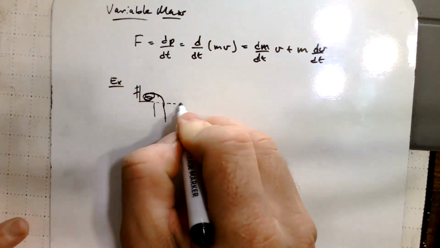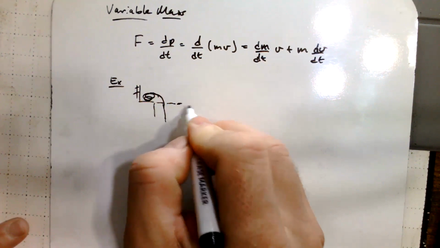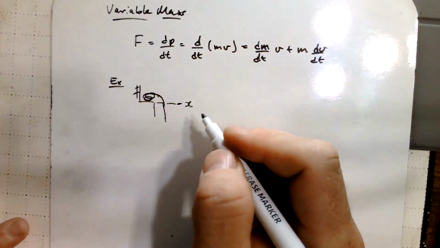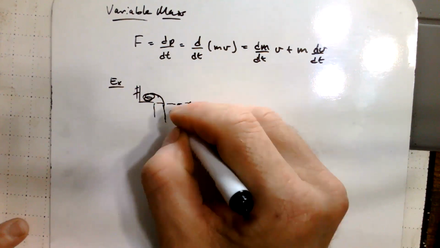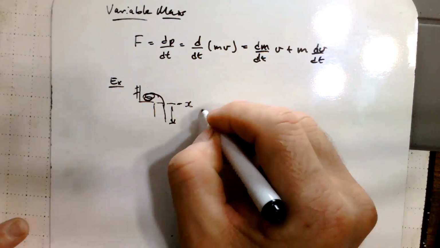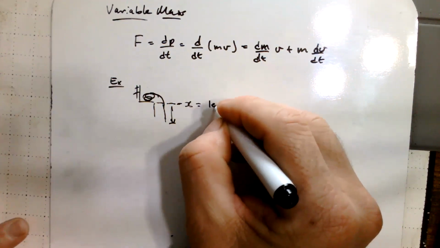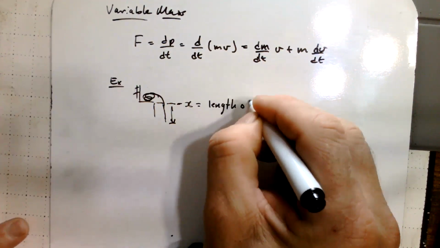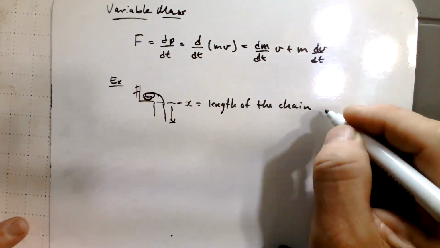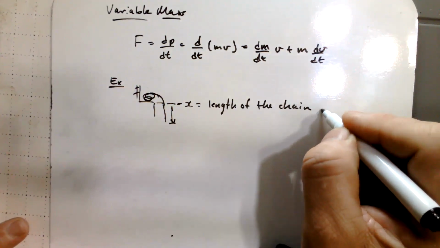If you can imagine that we measure this imaginary height here, this is x. We're going to take that to be the length of the chain as it's moving down. So let x equal the length of the chain that has left.